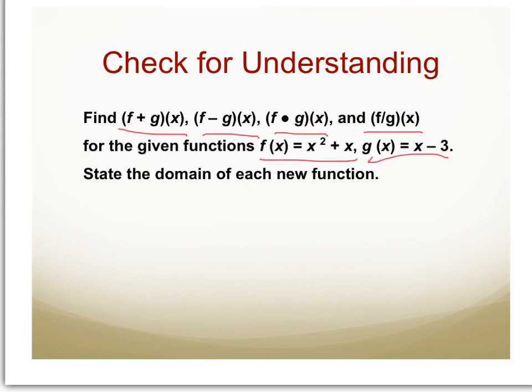What I'm going to do is give you some time to write this down. Write down f of x and g of x. And I want you to write down what the sum of these two functions is, what the difference is, what the product is, and what the quotient is, as well as the domain of each of those new functions.